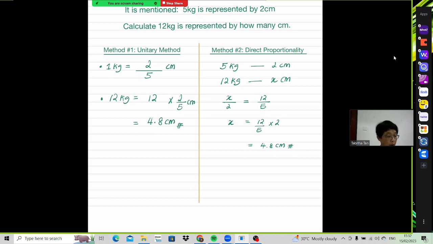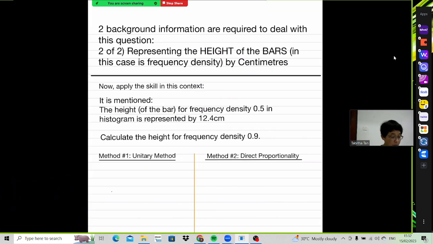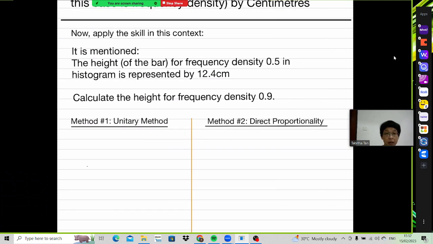Now let us proceed and apply this skill in this context. It is mentioned that the height of the bar for frequency density 0.5 unit in the histogram is represented by 12.4 centimeters, and we calculate the height for frequency density 0.9.